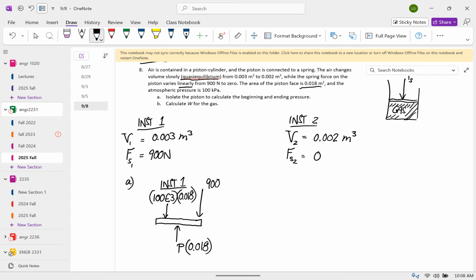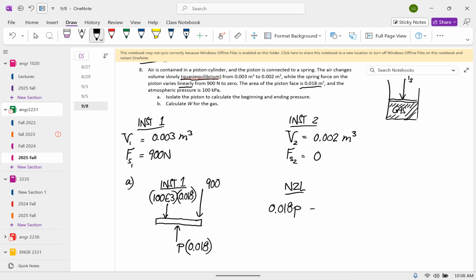And so Newton's second law, assuming that this is balanced at this instant, we have that 0.018 P is equal to, well, let me write it in the form of Newton's law first. So I'll call up positive. So this is up.